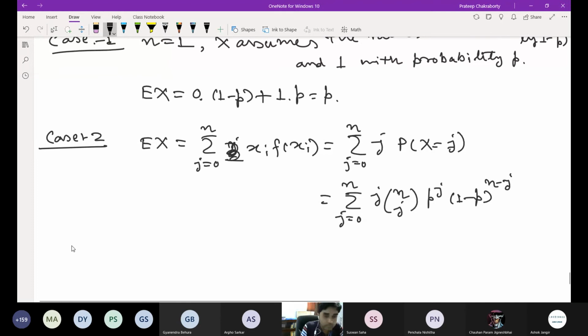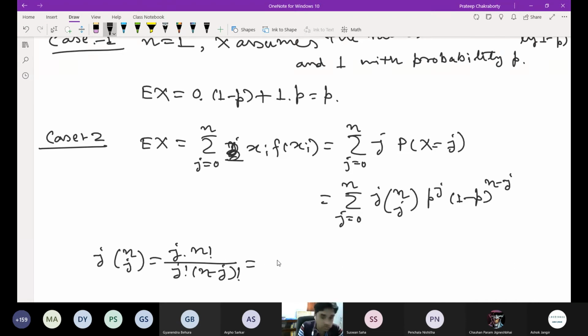So here j into n choose j is j into n factorial by j factorial (n minus j) factorial, which you can simplify and write as n into (n minus 1 choose j minus 1).